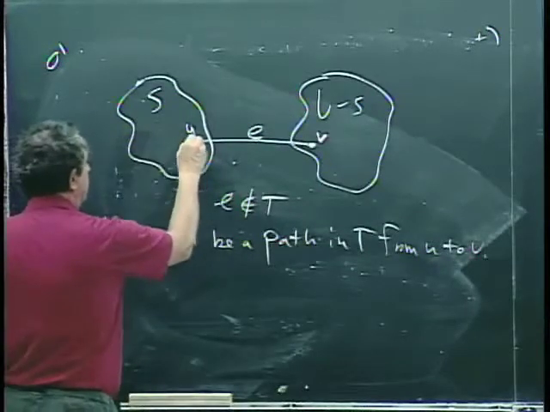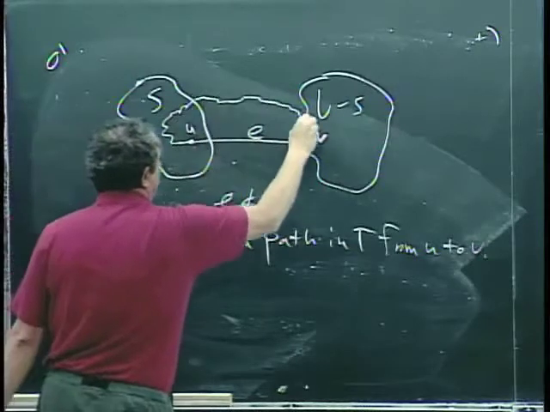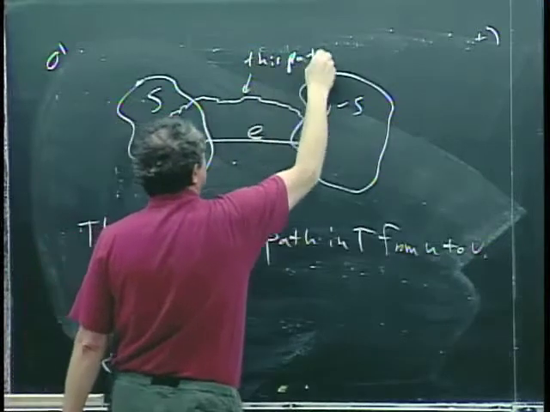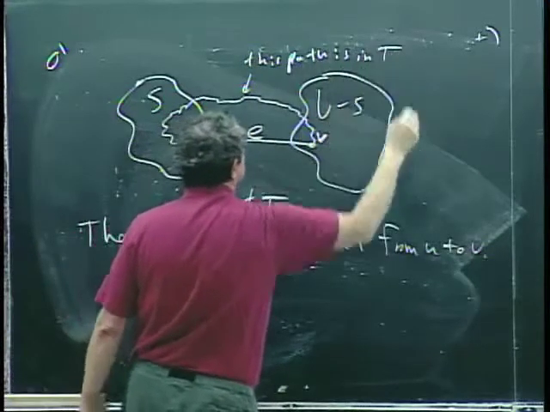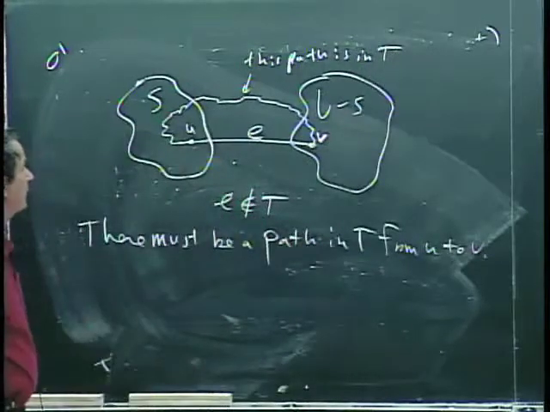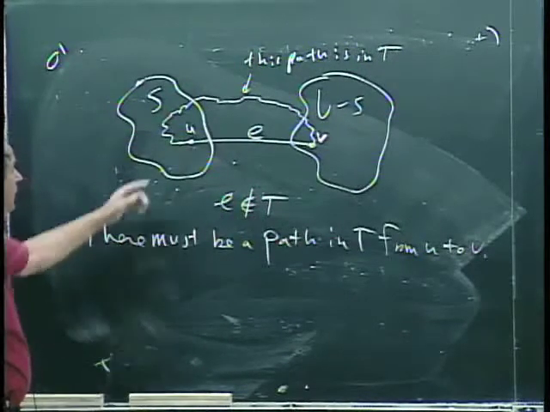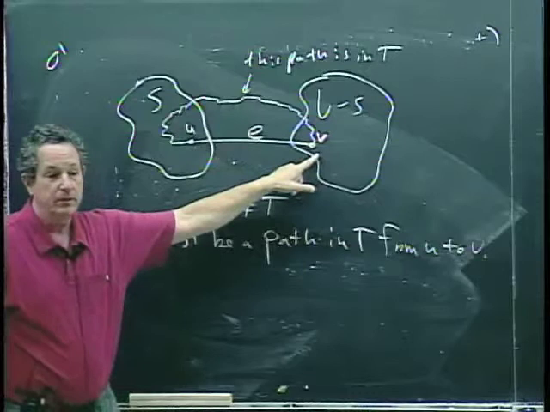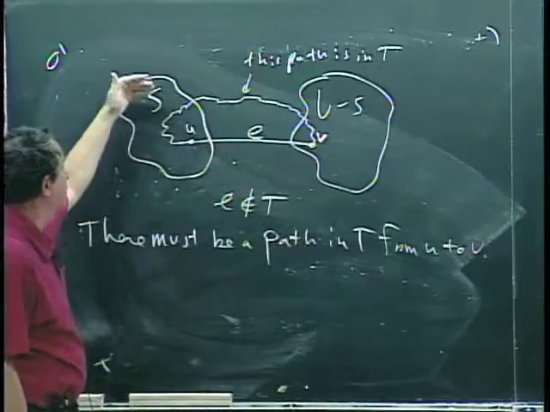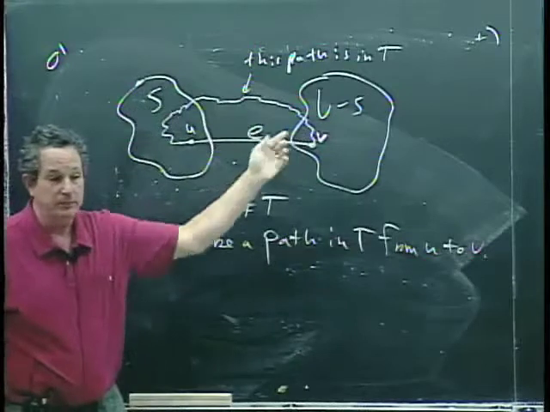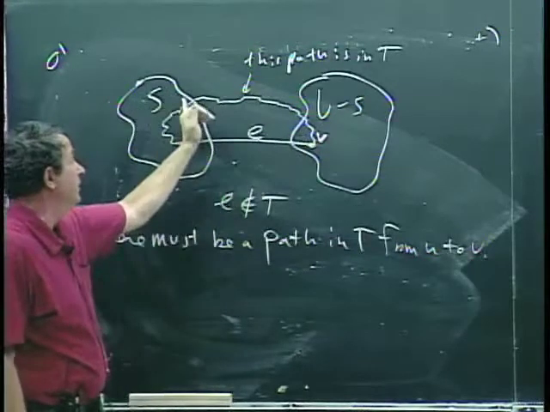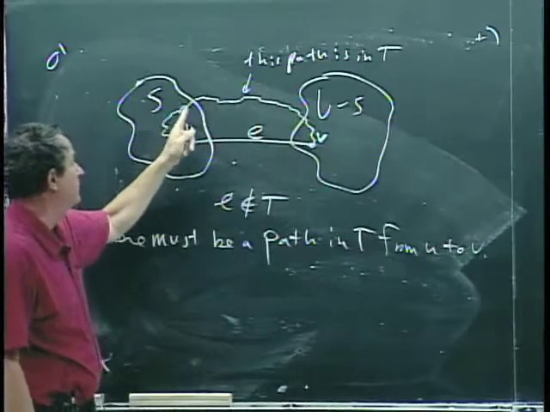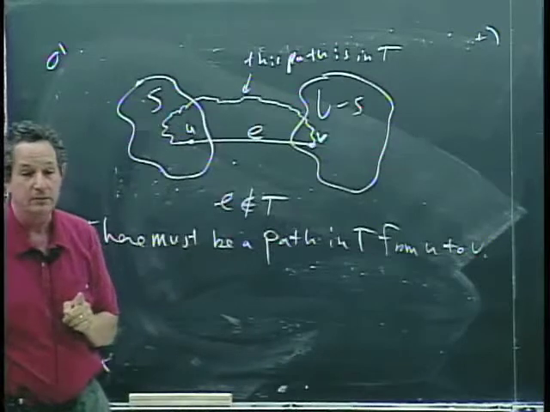So from U, there's some path over to V that is in T. This path is in T. Okay? Well, it starts in U. This path starts in U and ends in V. So there has to be an edge that goes from S to V minus S. There has to be an edge in this path that gets you from S to V minus S. So you can think of, if you go along this path, there's some last node in that path that's in S. Okay?